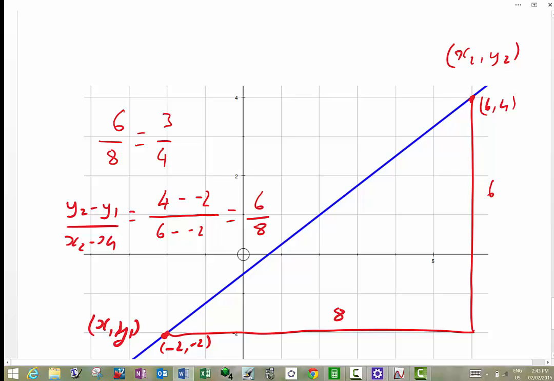So to calculate the slope, all we need to do is find 2 coordinates that we are sure of, and that's usually where they intersect the grid precisely.